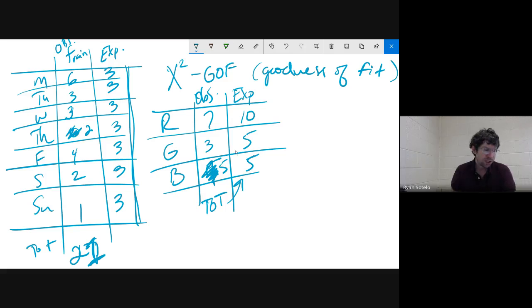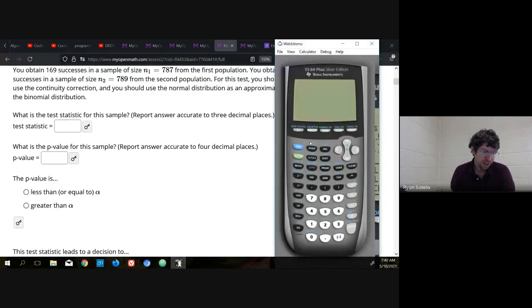To perform a goodness of fit test, to see if the distribution you observed matches the expected distribution, you would put it in your lists. So edit the list. I would clear two of my lists. And then I would put in 7, 3, and 5, and then 10, 5, 5.